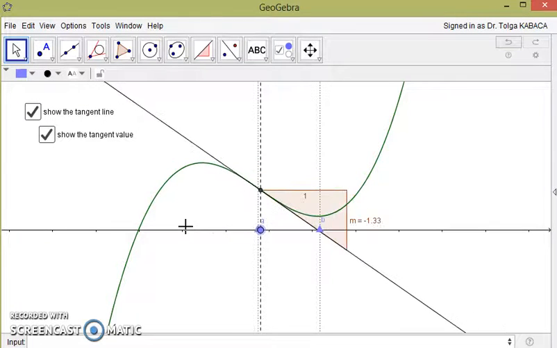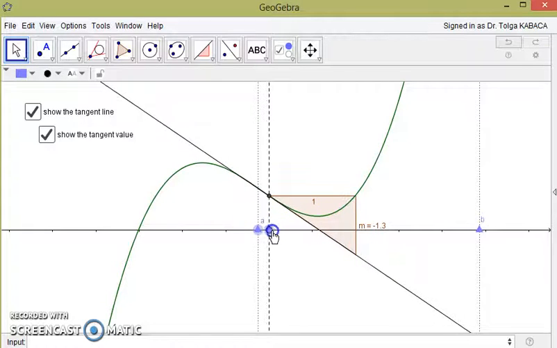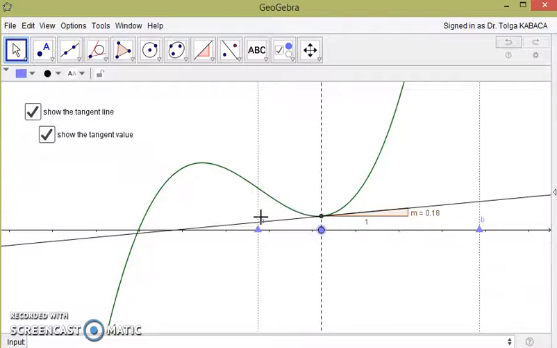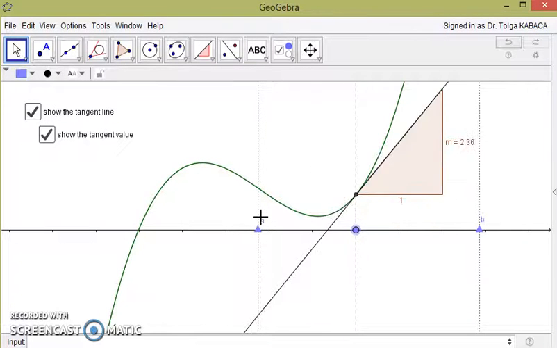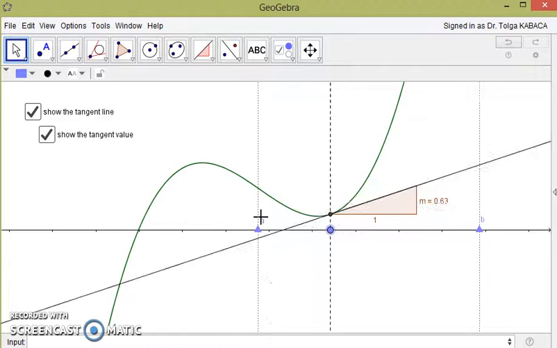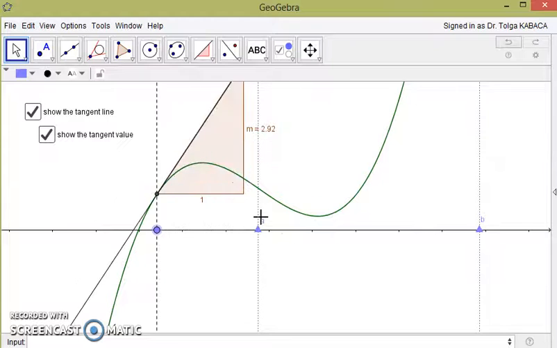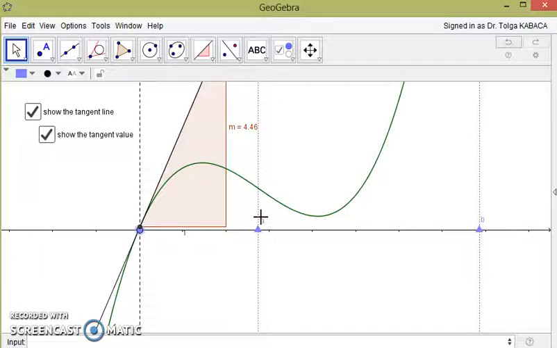From a to plus infinity, the function is concave up and the derivative is increasing. So the concavity is related to whether the function's derivative is increasing or decreasing.